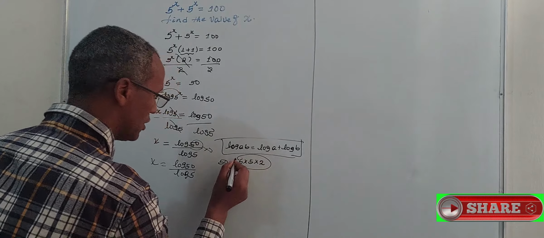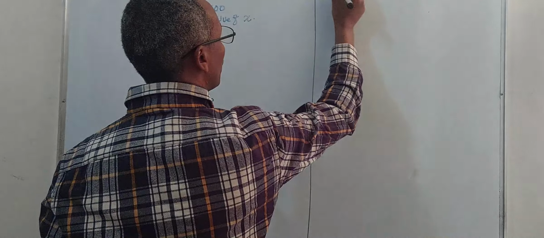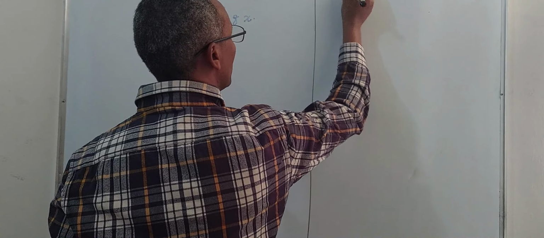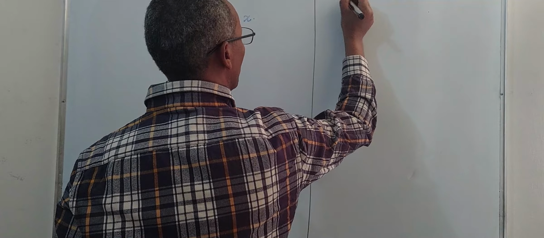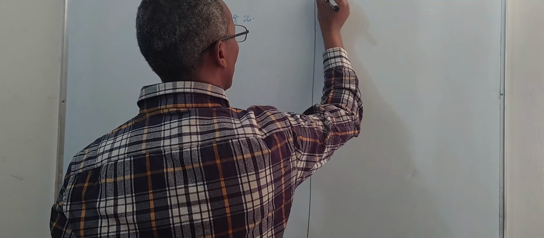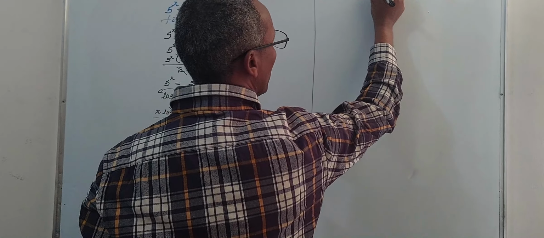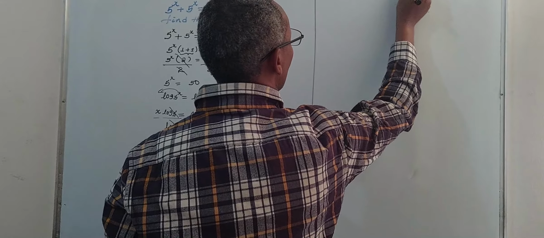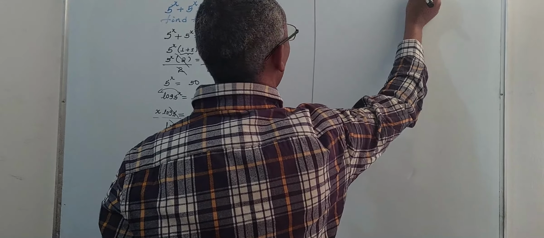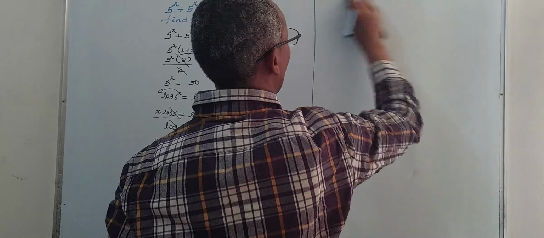Now you can plug this over here. So x is equal to log of 5 multiplied with 5 multiplied with 2. Let me just write over here. I'm sorry about that, guys.